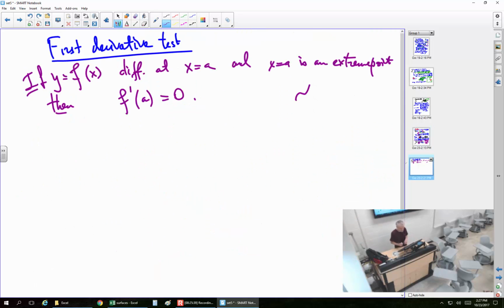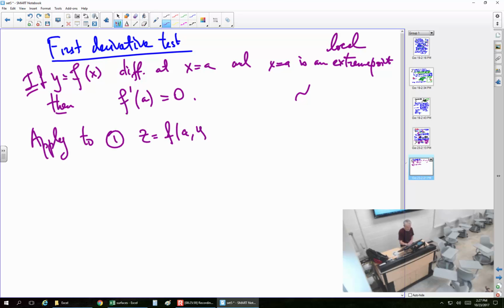Period. Okay, so let's apply it to these two formulas. Let's apply first to z equal f of a, y. Okay, it is defined on a, well, doesn't matter where at this time.